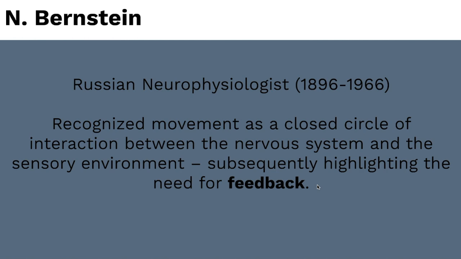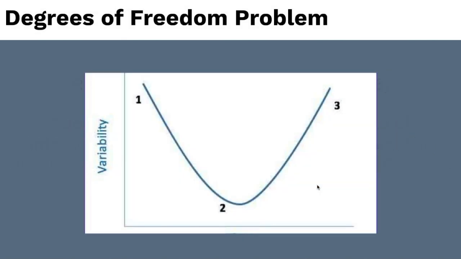Conversation about learning can't be complete without including Nikolai Bernstein. He recognized movement as a closed circle of interaction between the nervous system and the sensory environment, subsequently highlighting the need for feedback. Feedback can come in many different ways, but we can also think about feedback as variability. Within his degrees of freedom problem, Bernstein tells us that through stage 1, as a novice athlete or novice mover is learning a skill, they will experience high variability in their process.